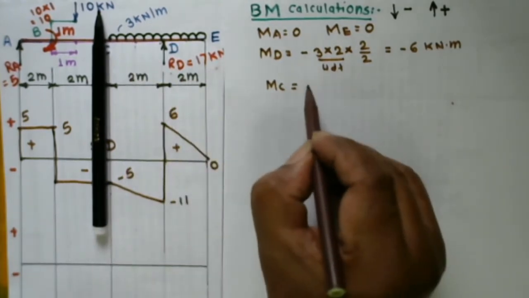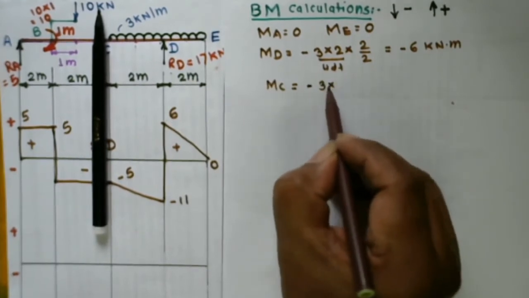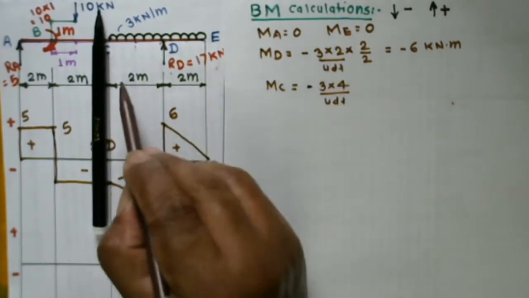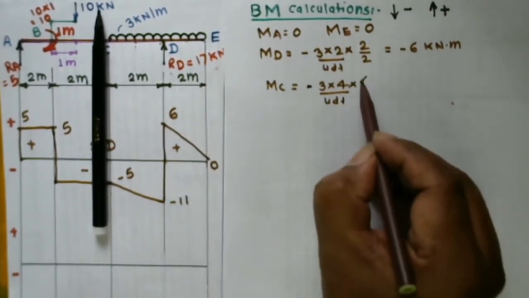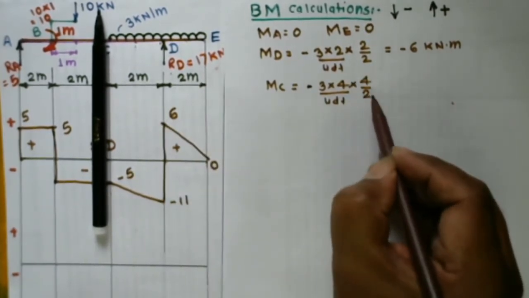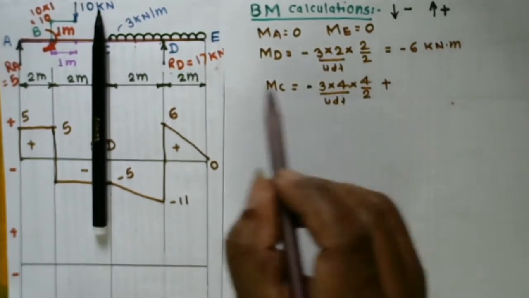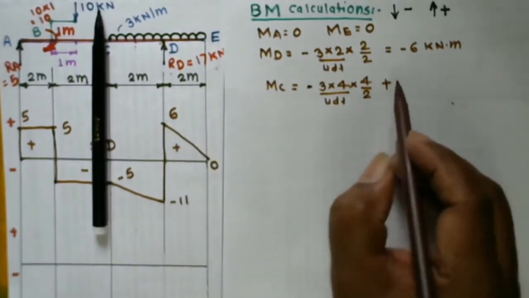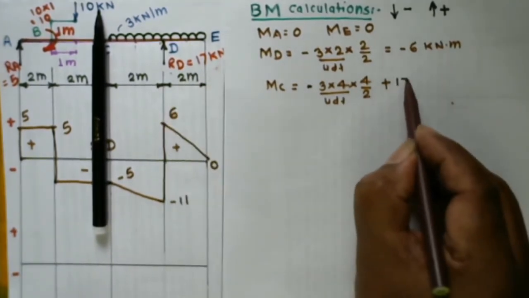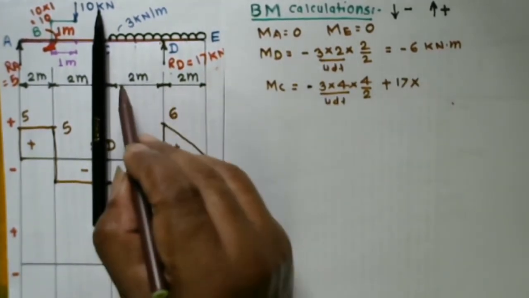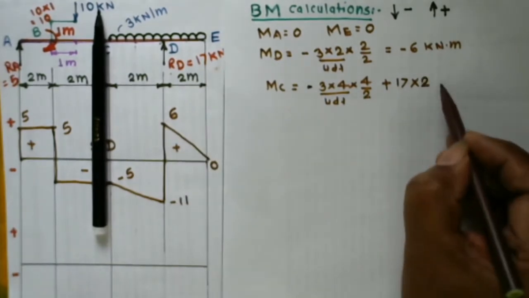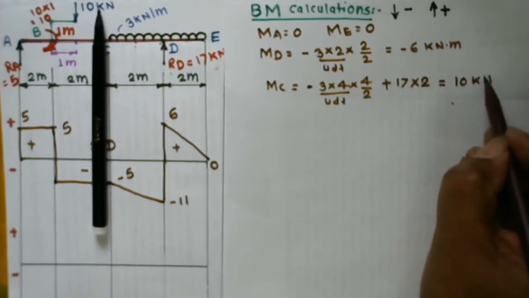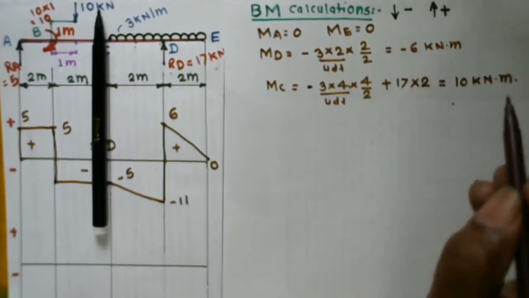So we say here minus 3 into 4, that is the UDL on this span, into 4 by 2 since it is acting at the center, plus, due to that, 17 anti-clockwise moment will be there, so plus sign 17 into the distance up to the point, that is 2. So this becomes 10 kilonewton meter, which is a positive value.